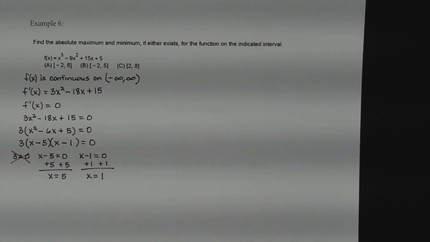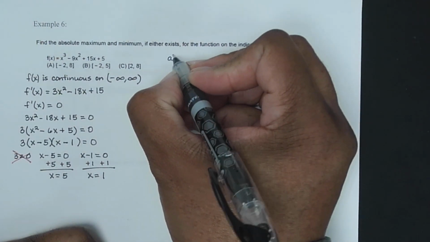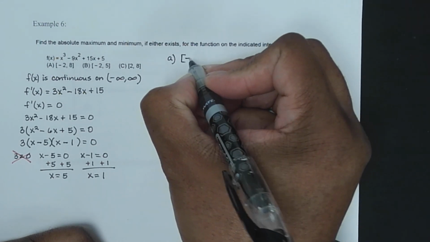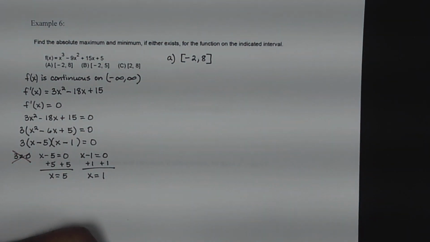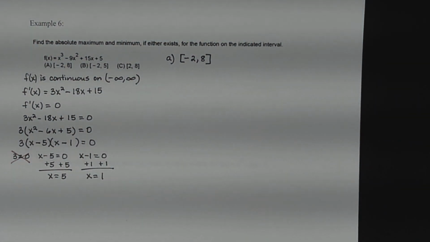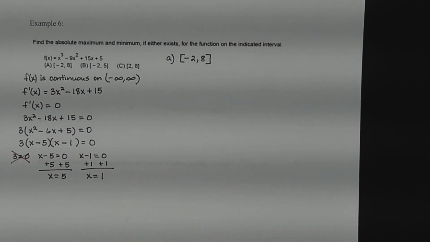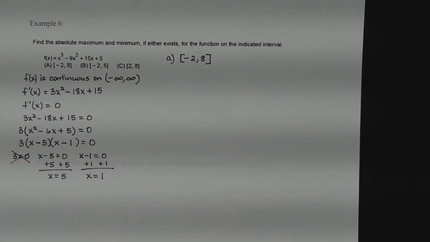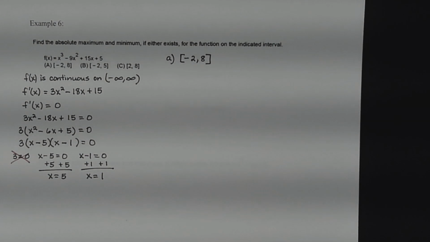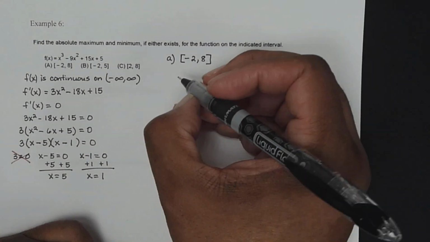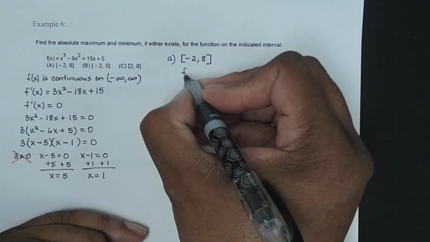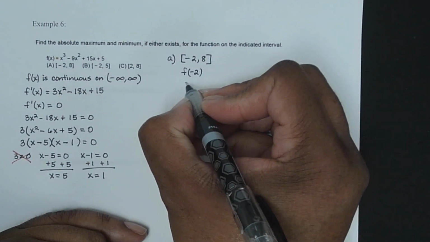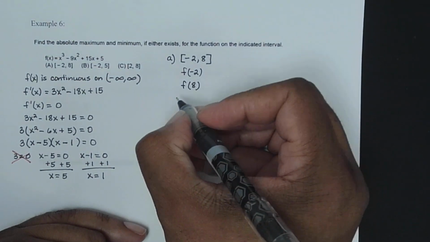All right, so starting with part A, I have the interval negative 2 to 8. What I'm going to do here is evaluate the function at the endpoints and those critical numbers. My endpoints are negative 2 and 8, so I'm going to be evaluating f of negative 2 and f of 8.